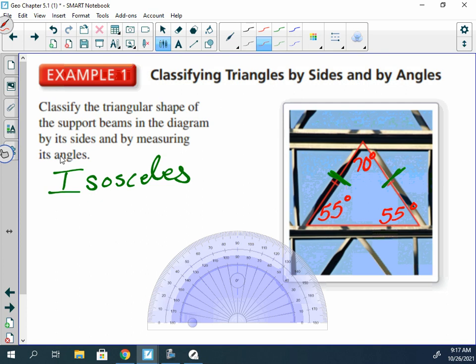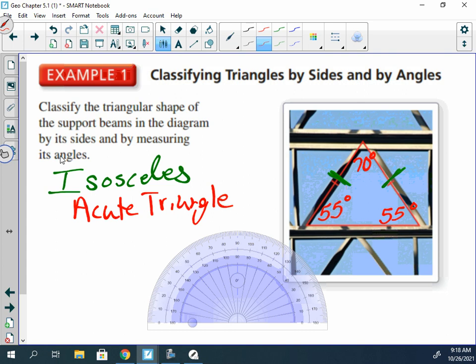And this top angle will be 70. So how can I classify it based off the angles? Acute. So this would be an isosceles acute triangle.